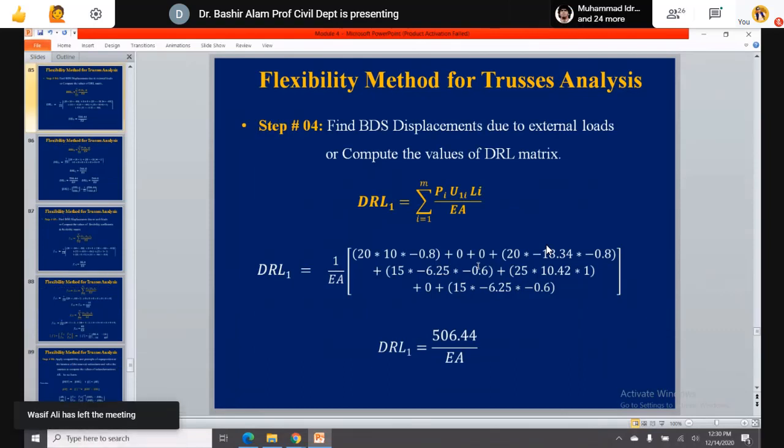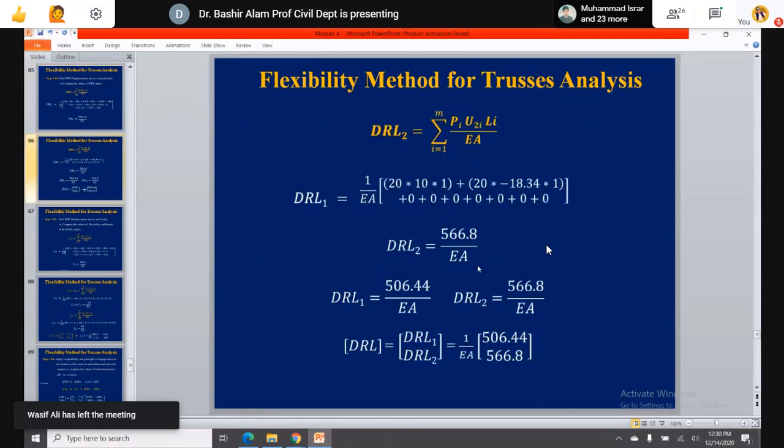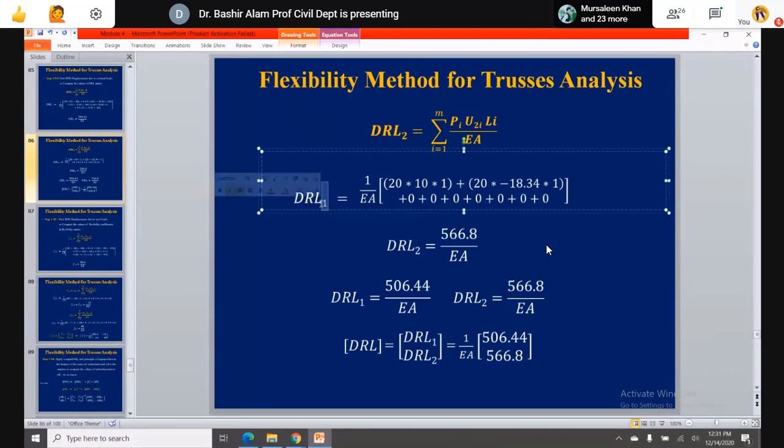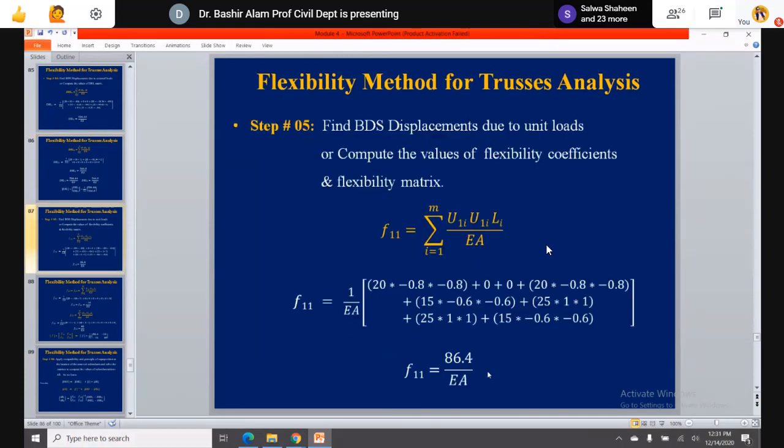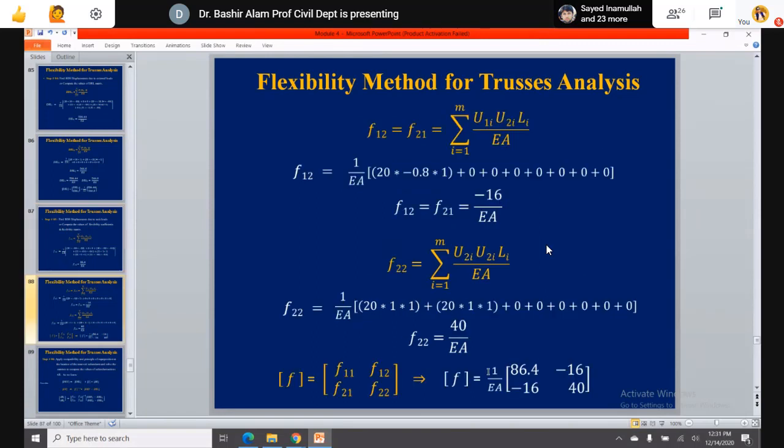Then DRL1, you see from each member the contribution. DRL2, this is again DRL2. So DRL1, DRL2 calculated. Then F11 is calculated. F12 is equal to F21 calculated, and then F22 calculated.